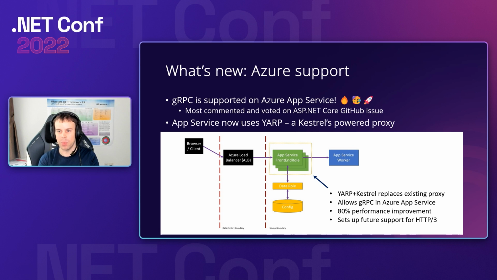It means that we can fully support gRPC because Kestrel has great support for HTTP2. There was an 80% throughput improvement, which is great. Potentially, we can decommission the number of proxies we have, create greener data centers by using less resources and energy. And also, because Kestrel has great support for HTTP3, it provides a gateway for future features to get added to Azure App Service.